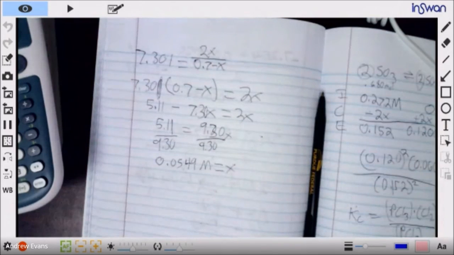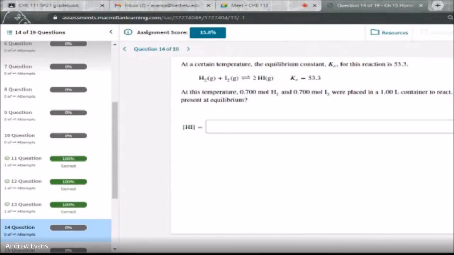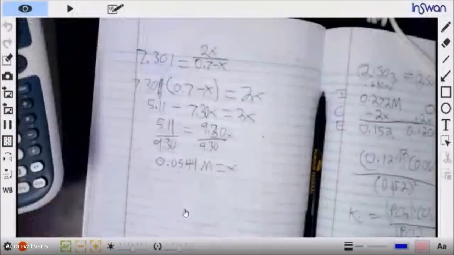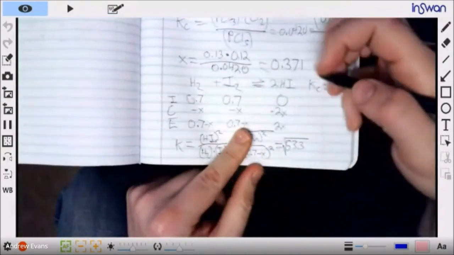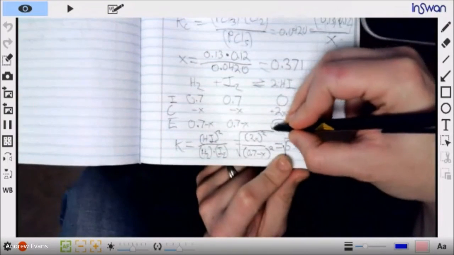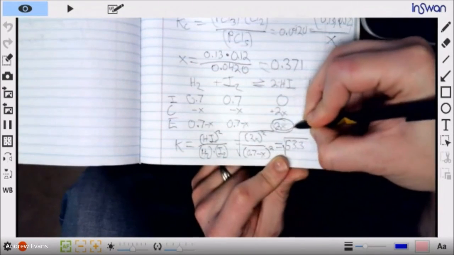Now, however, before we answer this, what do they want to know? They want to know the concentration of HI. So we've got to remember, before we finally answer this, the concentration of HI was not x, but 2x.